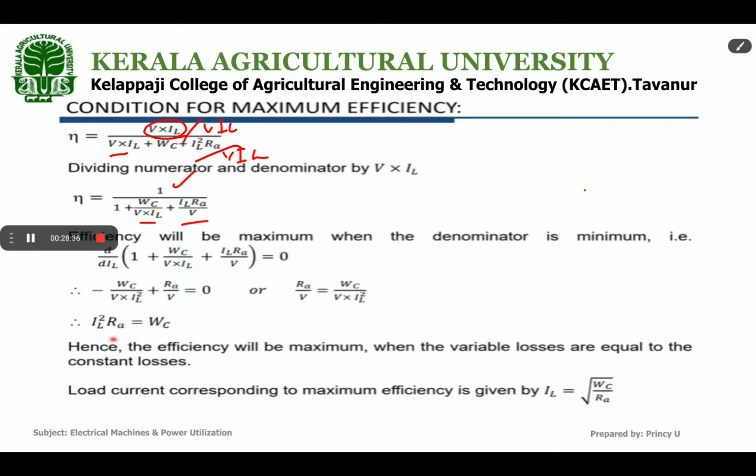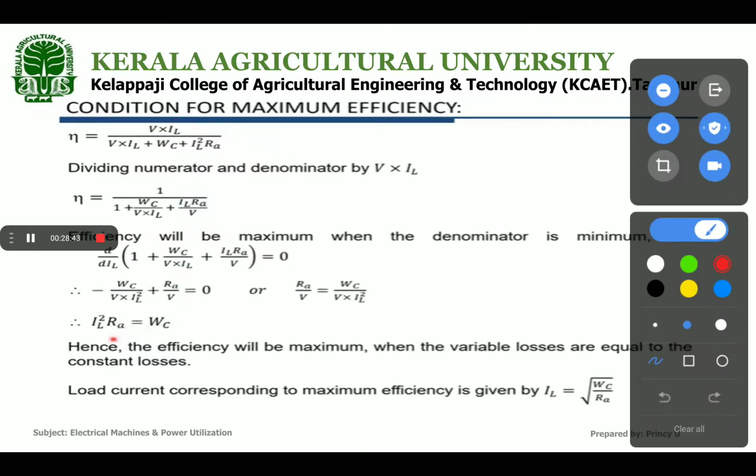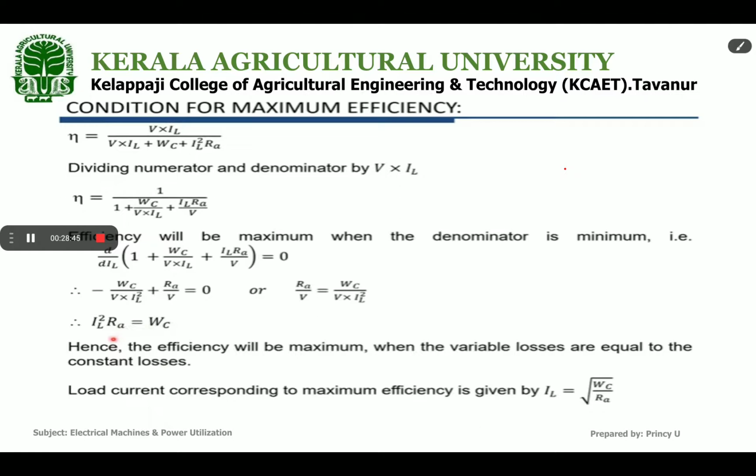Now, how can you find out the maximum efficiency? We know that in this equation, if we reduce the denominator to a minimum value, efficiency will be maximum. So efficiency will be maximum when the denominator is minimum. Normally we have studied in mathematics that to find the maximum value, we differentiate with respect to that variable in the equation and equate it to 0.